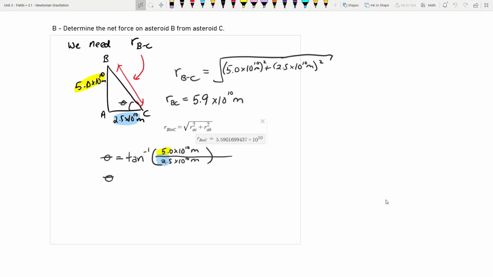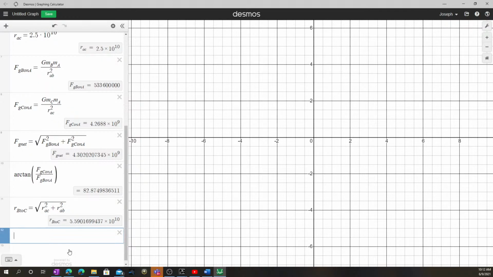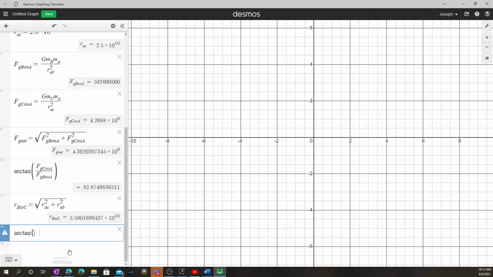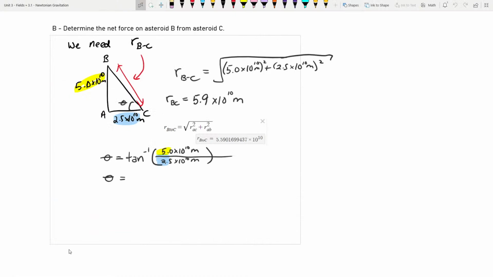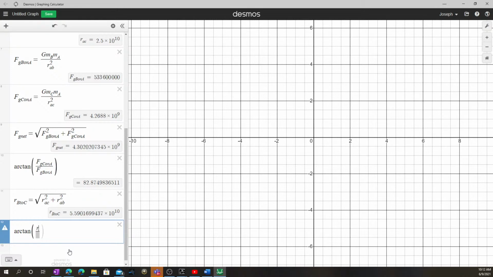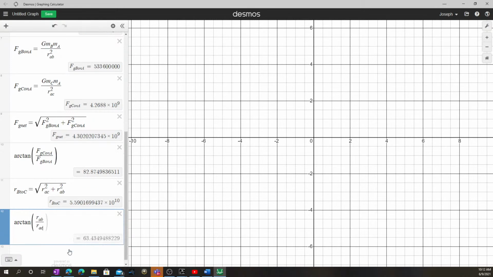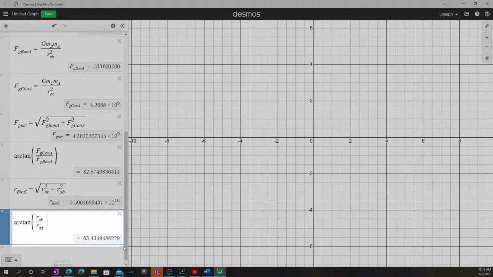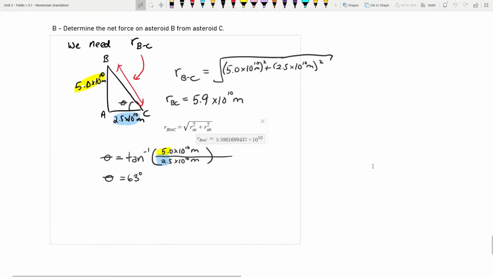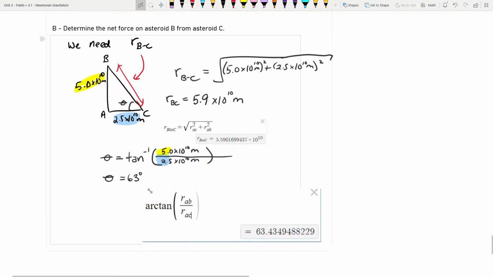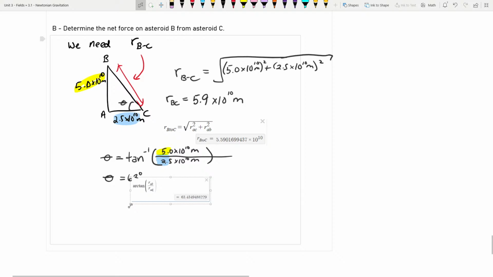Theta equals arctan, which was which? We said R AB divided by R AC. And we get 63 degrees. Great. Again, you could just as easily measure it the other way and say 27, that's fine. This is 63 degrees off the x-axis.